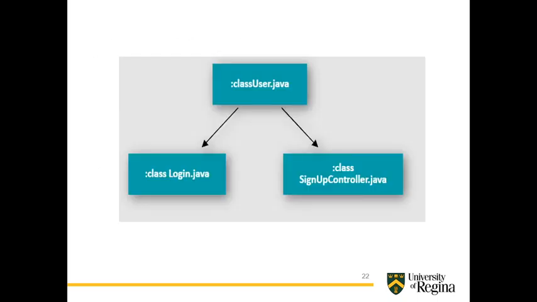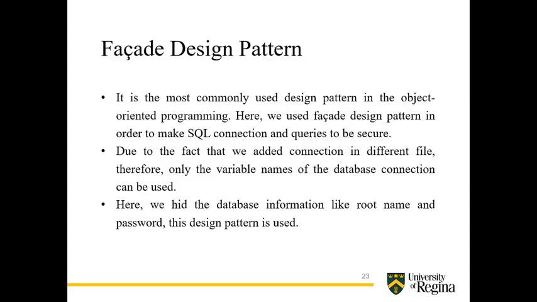So there is a class diagram of this. Here, there is a superclass that is user.java. The username and the password of the superclass are being used by the base classes that are login.java and signupcontroller.java. So here the factory method is implemented in this way.